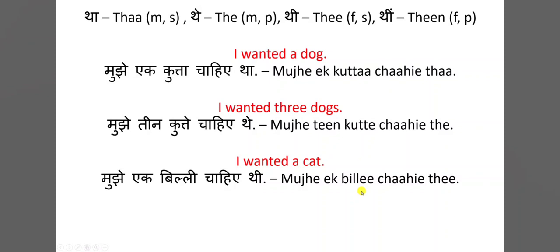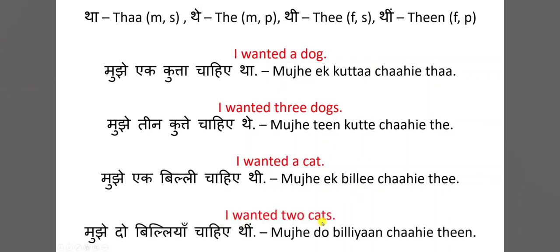Okay? I wanted 2 cats is मुझे 2 बिल्लियाँ चाहिए थीं. Here thin is selected because we have 2 cats as the object. 2 cats is plural and cat is feminine.